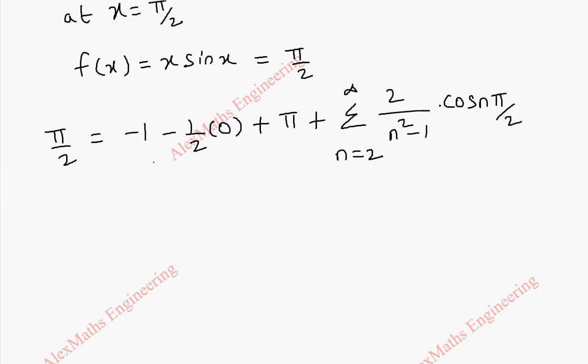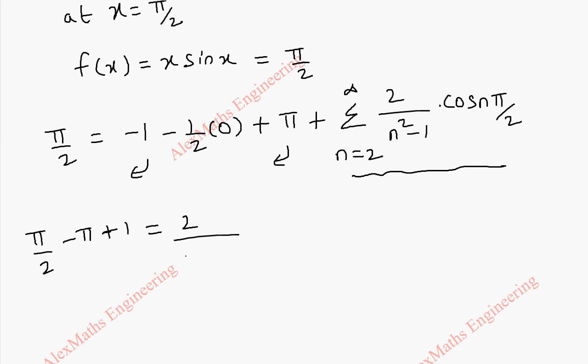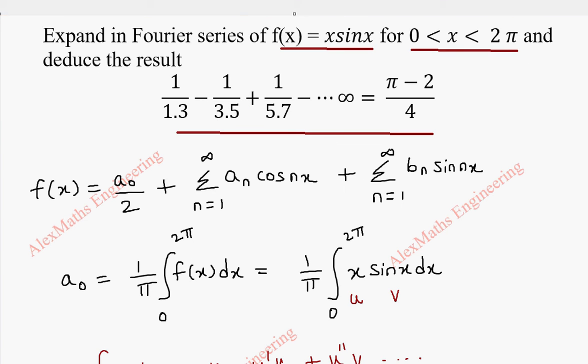Now we shall take this minus 1 and pi to the other side. So pi by 2 minus pi minus 1 goes to the other side as plus 1 equal to, we have this expansion starts from 2. So I am going to substitute 2 for n. But actually before doing that, in our question we have product of two terms.